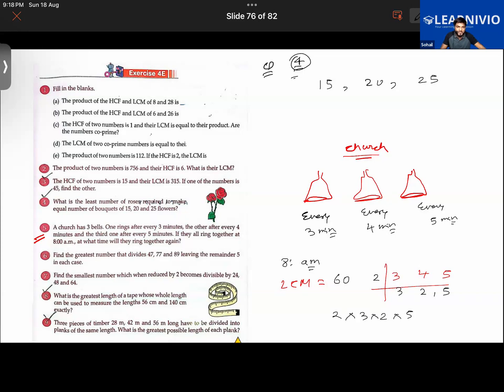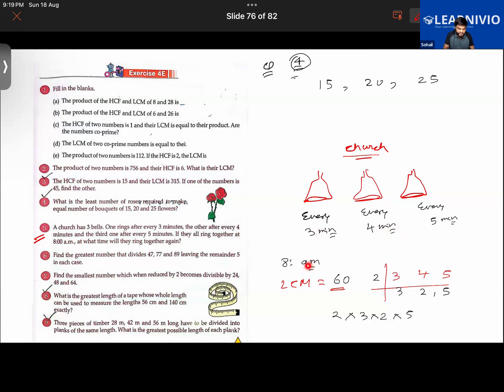Further, the question was saying that all of them ring together at 8 a.m. So then, what will be the next time when they will be ringing together? That part of the question is clear to you or not? The interval is 3 minutes, 4 minutes, and 5 minutes.